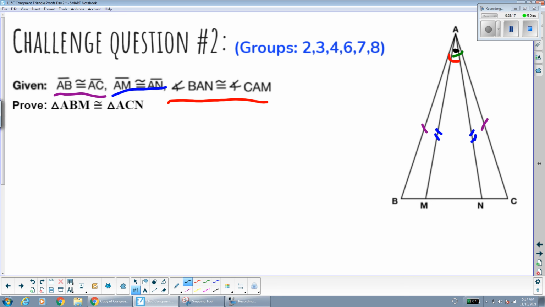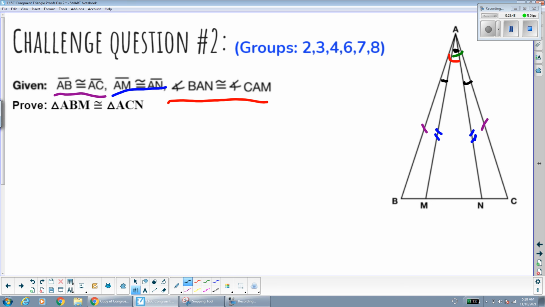You can subtract it from both angle BAN and angle CAM. So once again, you can subtract the black shared part of the angles from both the red angle and the green angle in order to be left over with just the angles that you need in each of those two small triangles. Then you would have SAS.